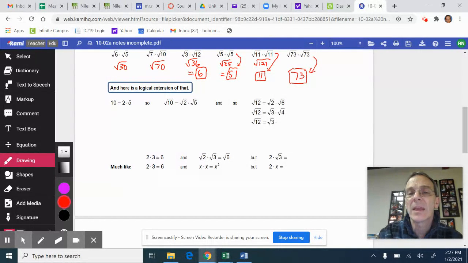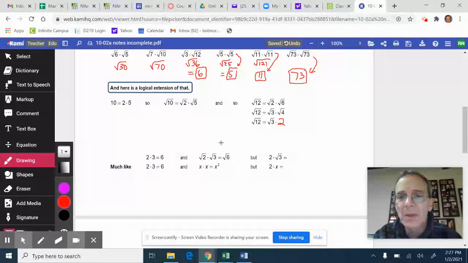But hey, if we factored the square root of 12 into the square root of 3 times the square root of 4, and then we focus on that square root of 4 and ask ourselves, what does the square root of 4 simplify to? It simplifies to a 2, doesn't it? So the square root of 12 is equal to the square root of 3 times the whole number 2.